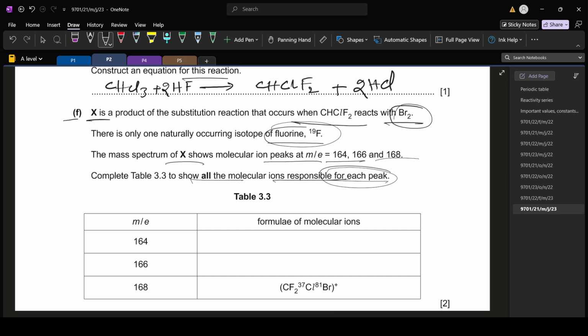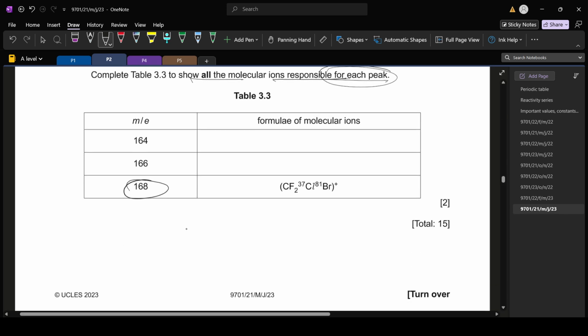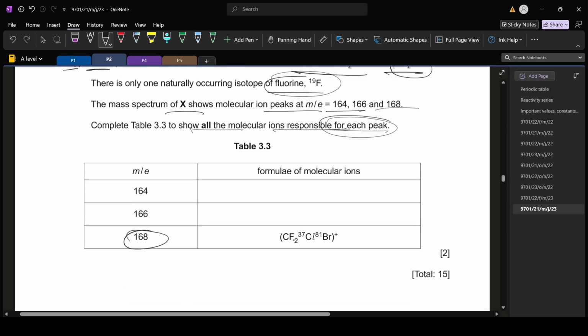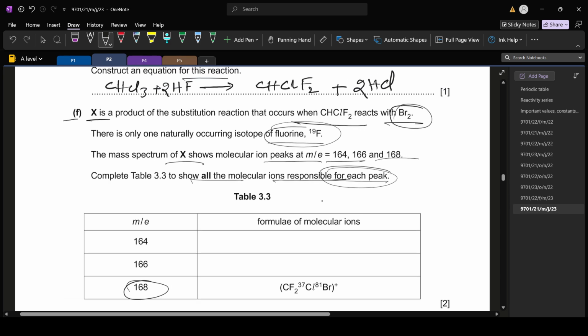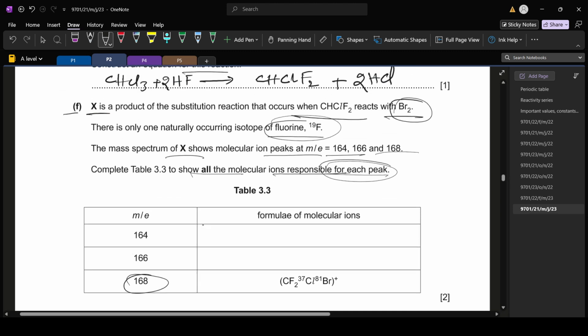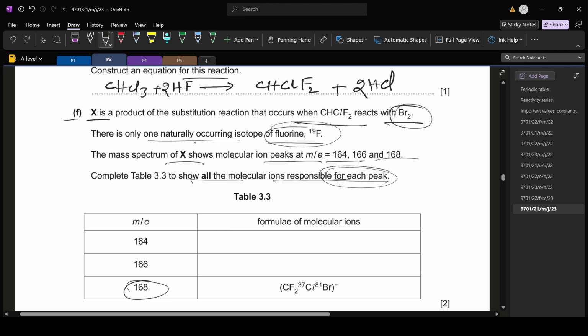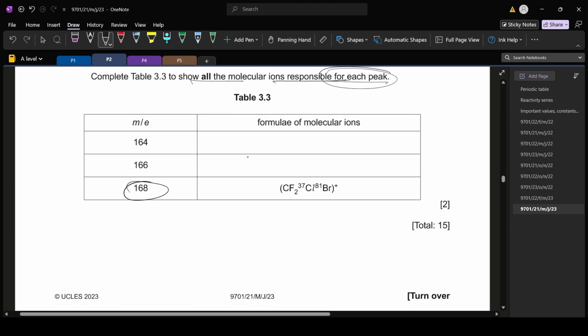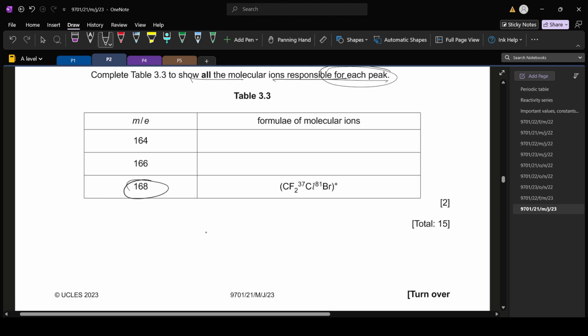The 168 peak is given to you, which is CF2, chlorine-37 and bromine-81. Since fluorine has only one isotope, we only deal with the isotopes of chlorine and bromine.